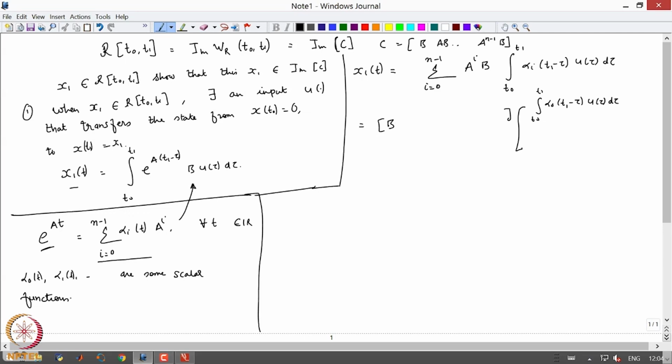Similarly, when i equal to 1, I will have a b, and similarly here the integral from t 0 to t 1 of alpha 1 (t 1 minus tau) u(tau) d tau, and so on, until I get to a power n minus 1 b, where I will have the integral from t 0 to t 1 of alpha of n minus 1 (t 1 minus tau) u(tau) d tau.